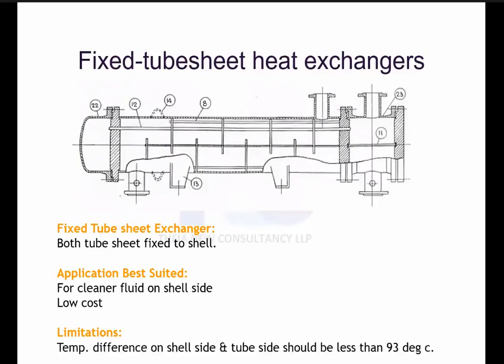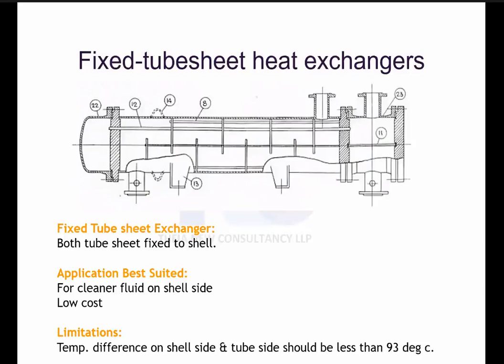Also, the temperature limitation is important because the tubes are fixed, so there is no expansion happening. So the difference between the shell side and the tube side should be less than 93 degrees. Again, it is a recommendation, not a standard. Companies like Dow, DuPont, Shell have different values.